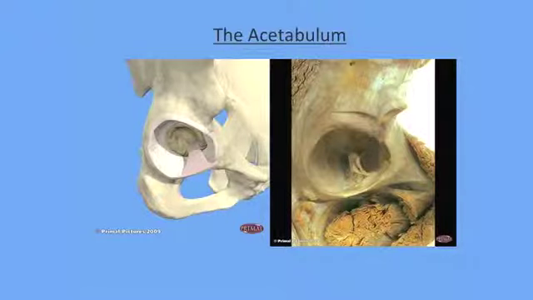And diagrammatically and anatomically, you can see the labrum attaching intimately to the bone surrounding the acetabulum, but it also attaches to the cartilage on the inside of the acetabulum. And you can see that here pretty well on the anatomic specimen.